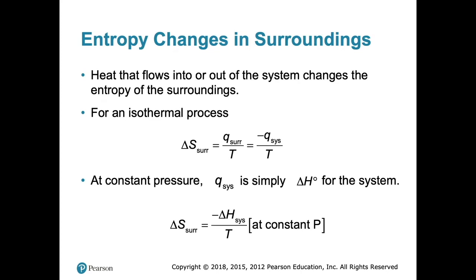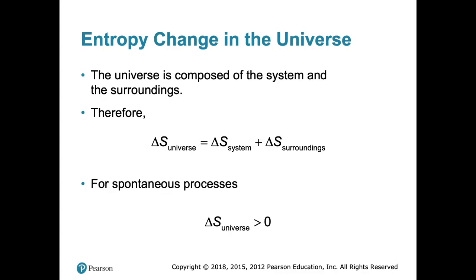Good stuff. That takes us to this equation, which we talked about on Monday. The universe is composed of systems and surroundings. Everything is a system and a surrounding. So the change in entropy of the universe is equal to the change in the entropy of the system plus the entropy of the surroundings.